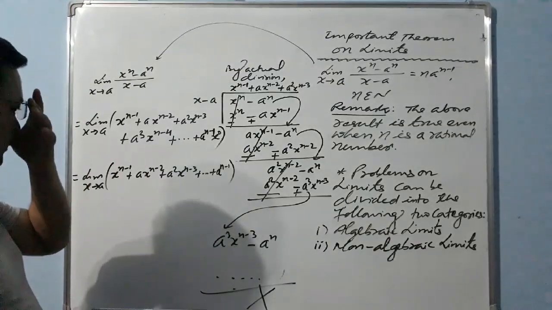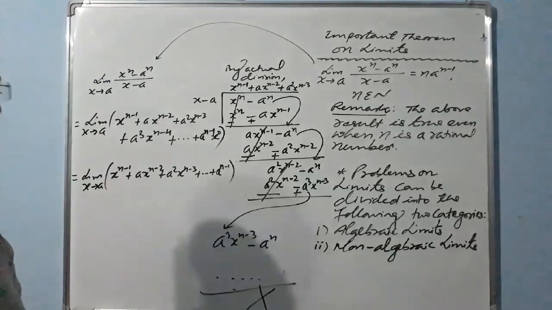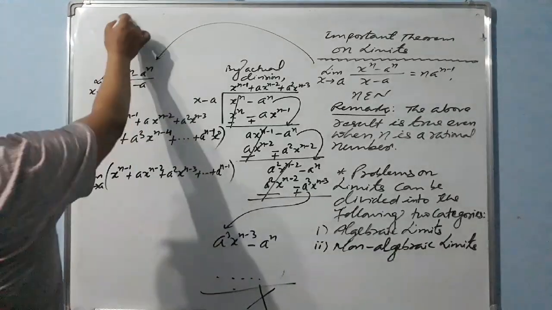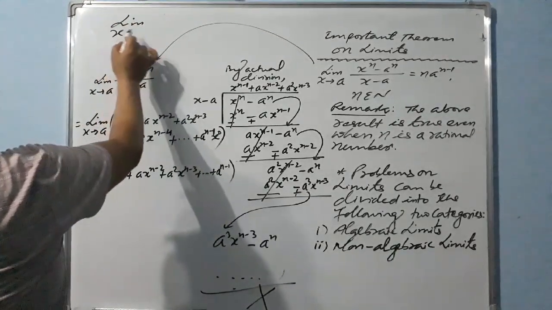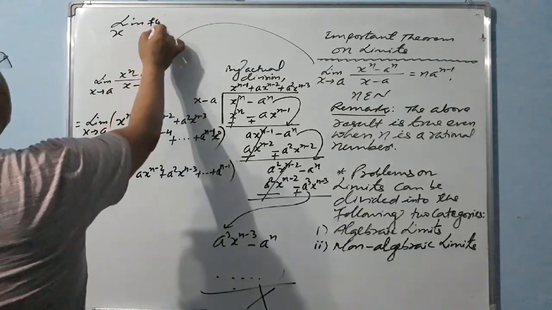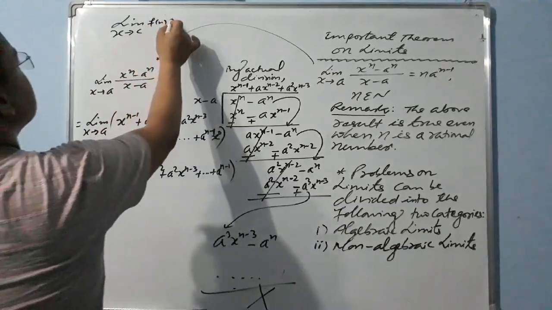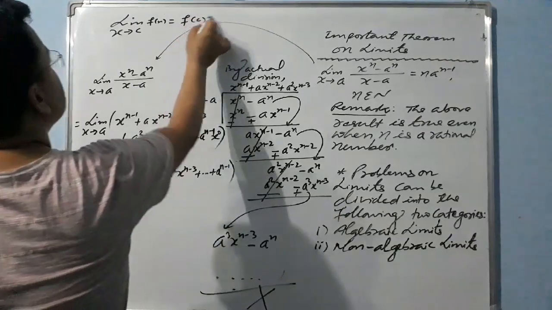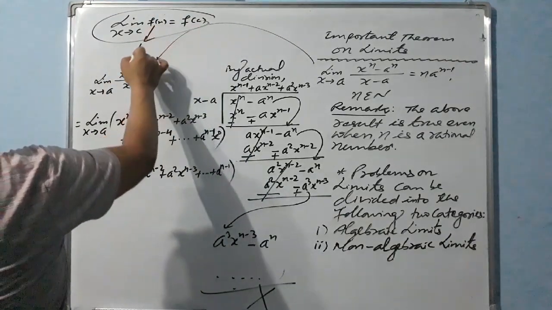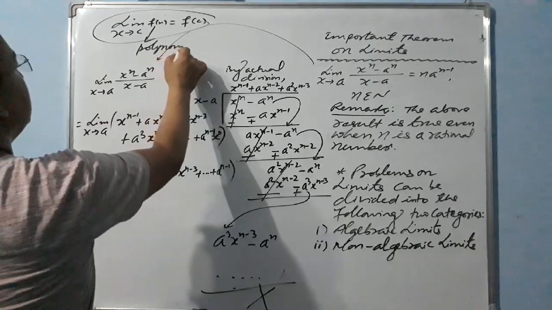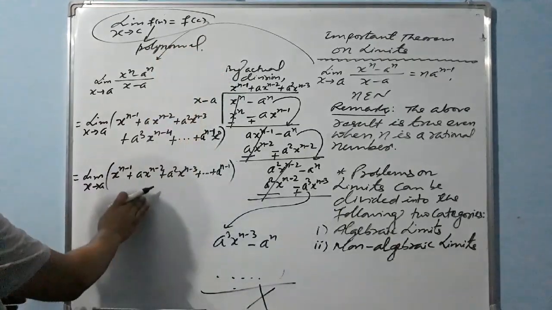As I have told you already, limit of f(x) as x tends to c is equal to f(c) if f(x) is a polynomial. So this is a polynomial.